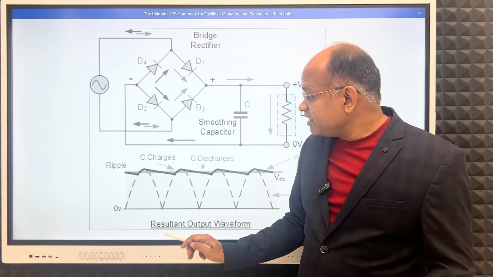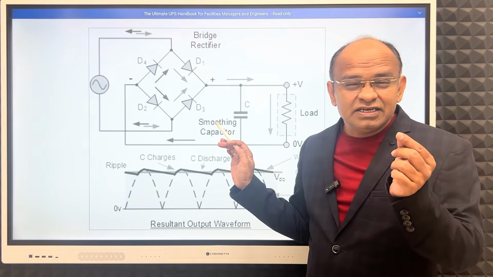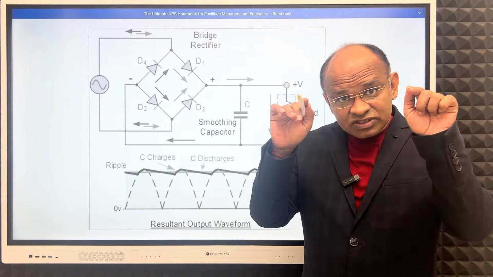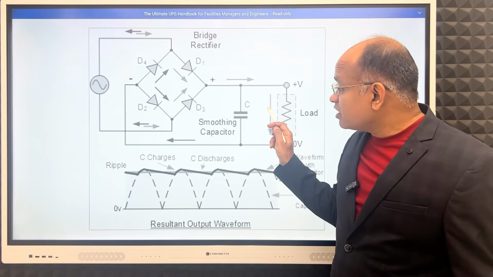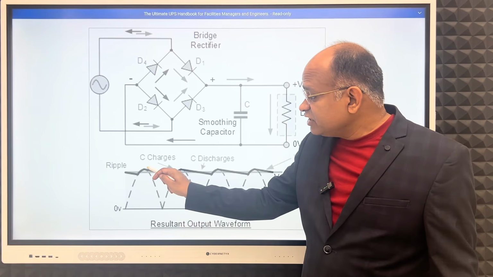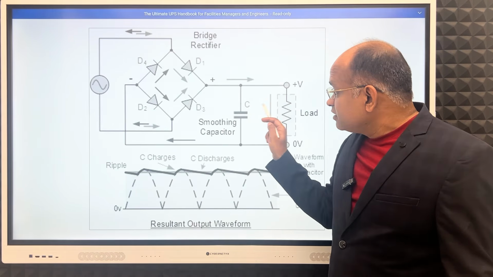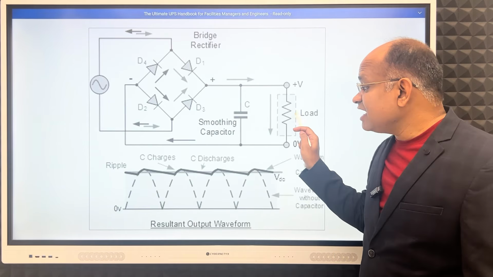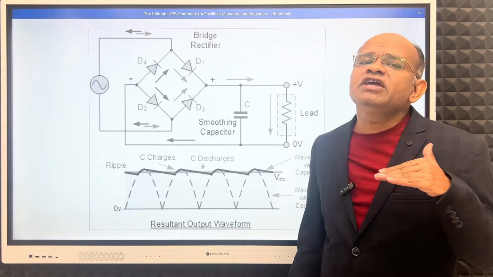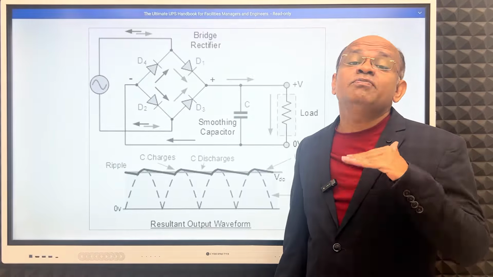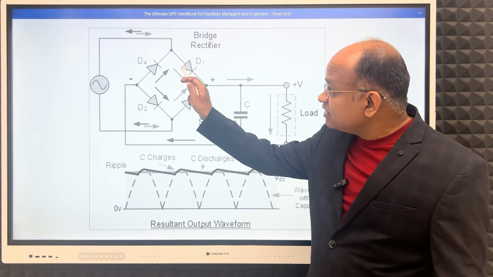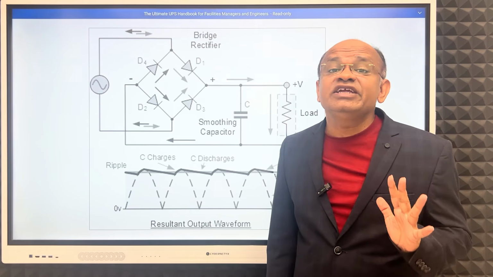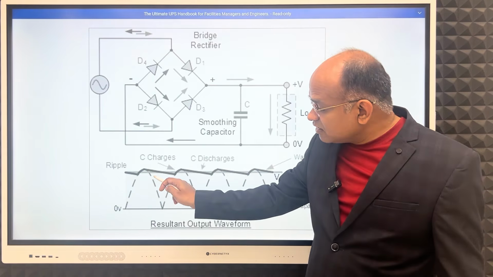Now what happened? See, this is also charging a little bit, and here also, because the resistance was the same, the same kind of current will flow. So here also current flows, here also it is charging, but at this point the charge, or voltage level, or energy level of this and this will become equal. But the main point is that the voltage level, the energy level of the source, is going down afterwards, because our curve is going down.